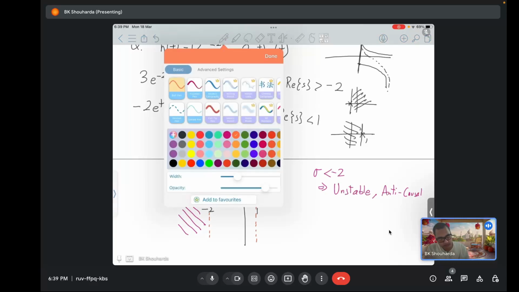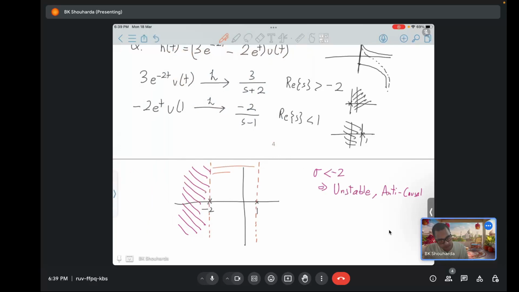Let's look into the middle one. Minus 2 less than sigma less than 1. It's stable because it includes the j omega axis. It's non-causal because it's a strip.